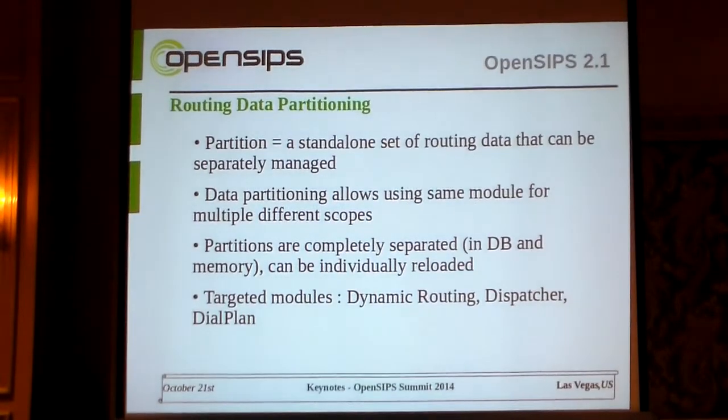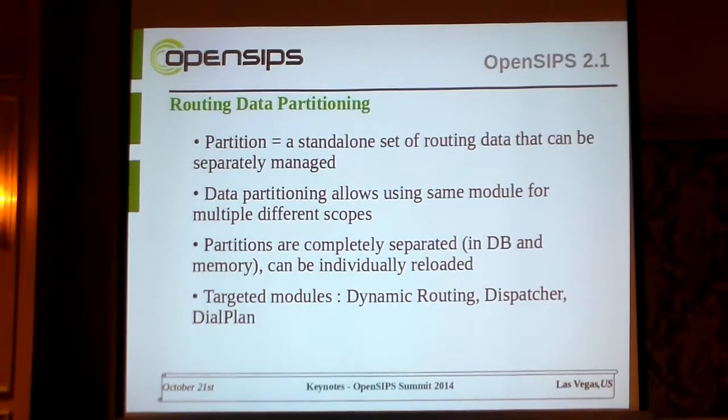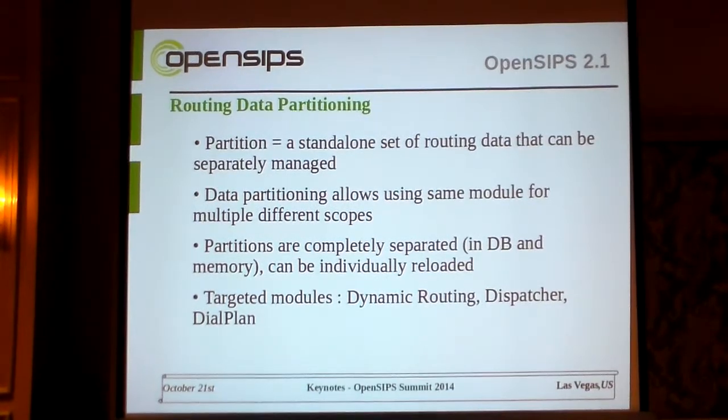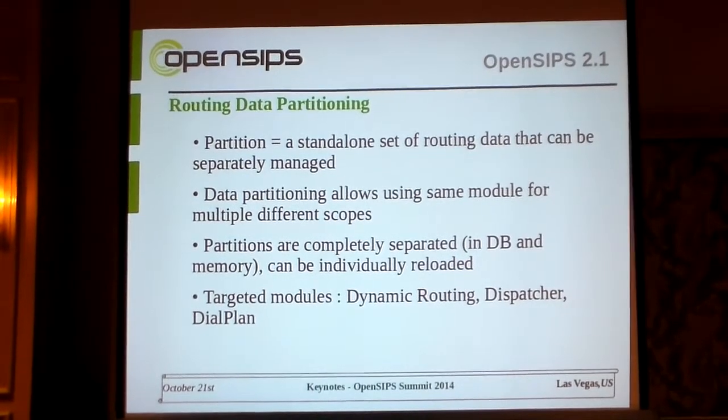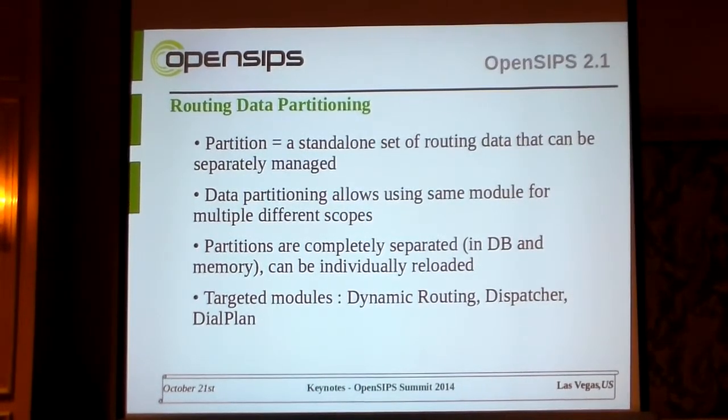So there was a need, for the dispatching and in some cases also for the dynamic routing, to have completely different instances of data. One used for, let's say, routing, the other one for billing; for dispatching, to have a dispatching used for the trunks, another one for the internal resources, and so on.